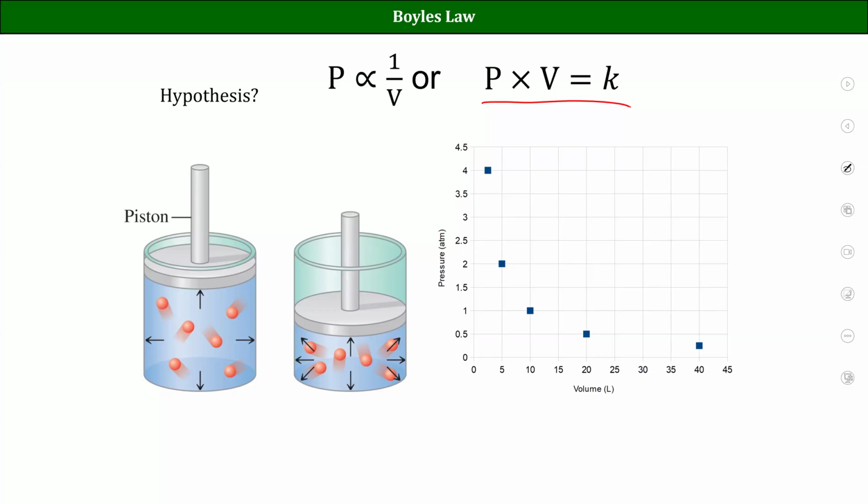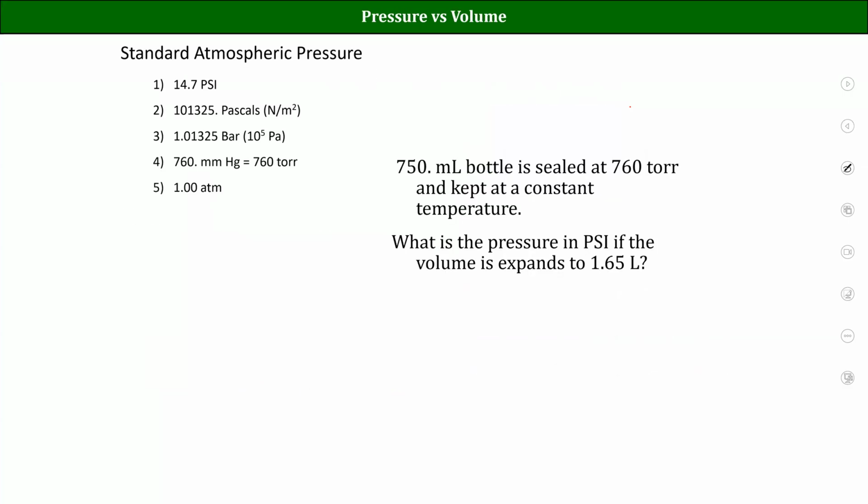Still doesn't seem all that useful because this constant is going to change depending on what your system of gas is. But for any system where we have a closed container of gas at a constant temperature, if your pressure goes up, your volume goes down and vice versa. Right, so this leads to what's called a simple gas law. This is called Boyle's law.